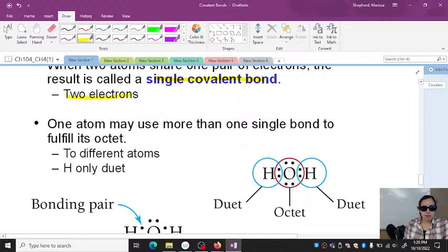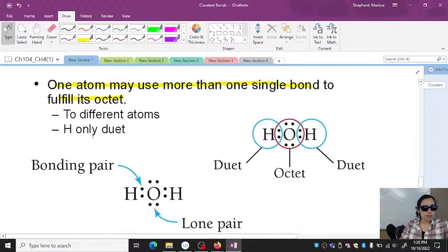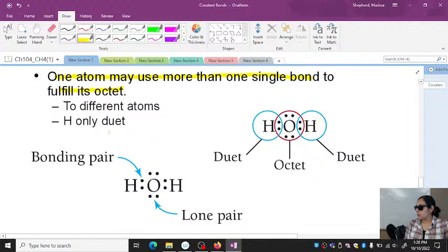So we can have our oxygen, and one atom may use more than one single bond to fulfill its octet. All that's saying is oxygen made 2 bonds. We'll learn that carbon can make 4 bonds, and we'll even learn about expanded octet. And of course, hydrogen follows the duet rule.